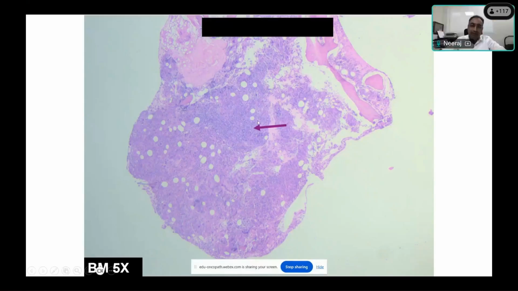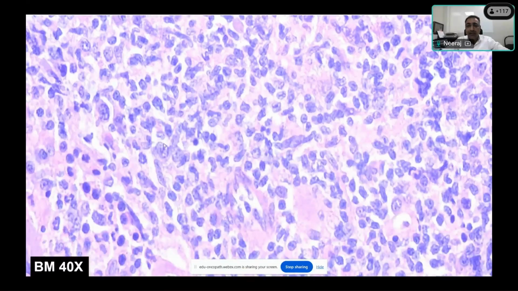So on this bone marrow biopsy, you can see an infiltrate. This is a hypercellular bone marrow. Whenever we diagnose Hodgkin lymphoma, a staging marrow is done. On this biopsy, you see an infiltrate with predominantly small cells, scattered plasma cells, and some large cells.